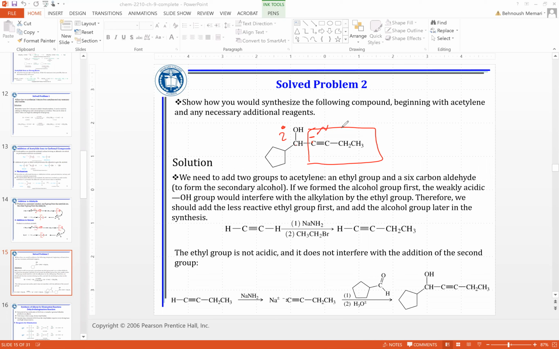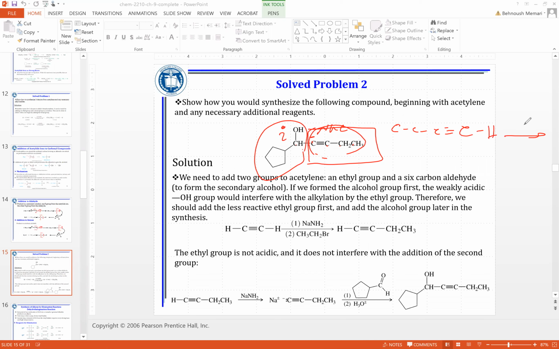This part is coming from the nucleophile, and the other side of the molecule is coming from the carbonyl group. The fact that this is a secondary alcohol means our carbonyl must be an aldehyde carbonyl. Then you start with a terminal alkyne with 1, 2, 3, 4 carbons.